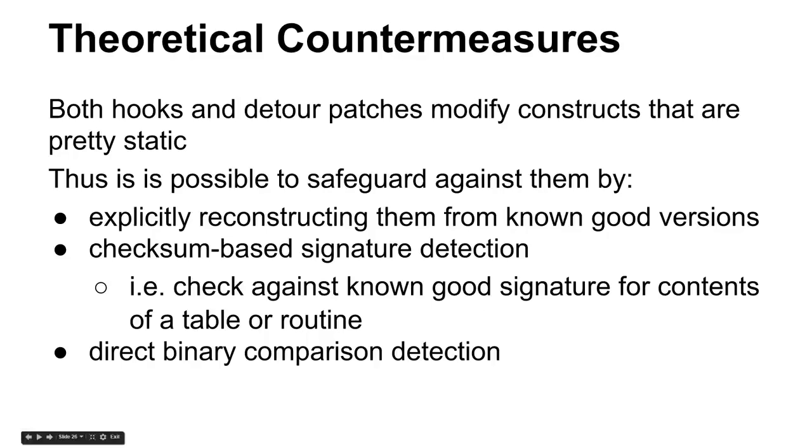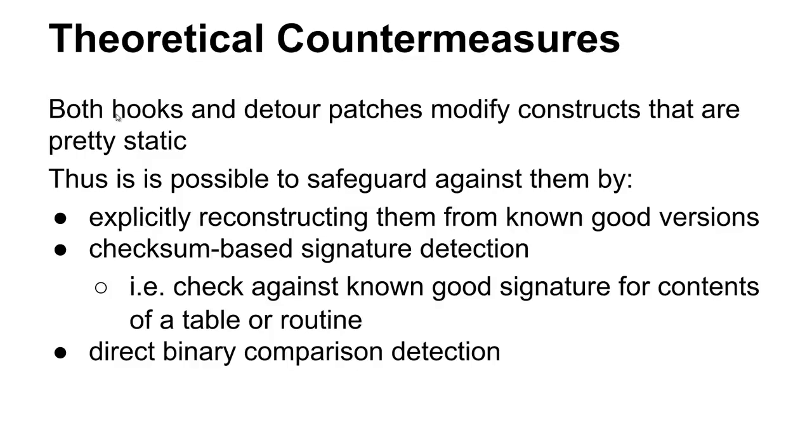Now, for some theoretical countermeasures. In essence, both hooking and detour patching techniques modify constructs, either call tables or descriptor tables that are pretty static, or the text segments that contain the binary code, which almost should never be edited.